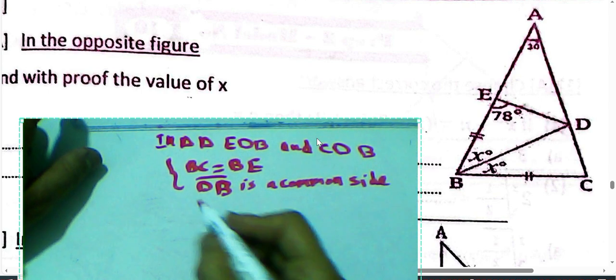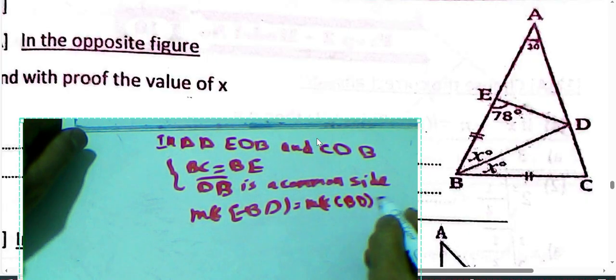We have a bisected angle: the measure of angle EBD equals the measure of angle CBD, each equal to x. Then this condition, side, angle, side, is the second condition of congruence between two triangles.